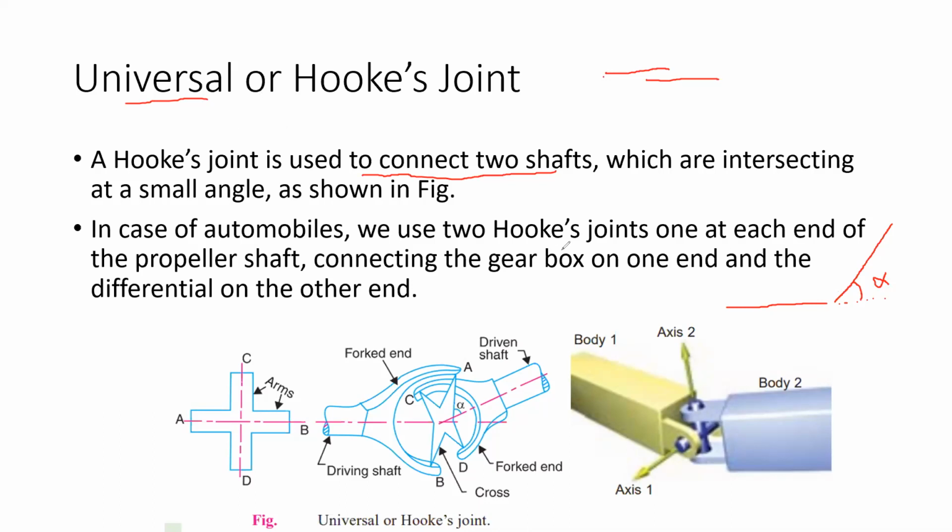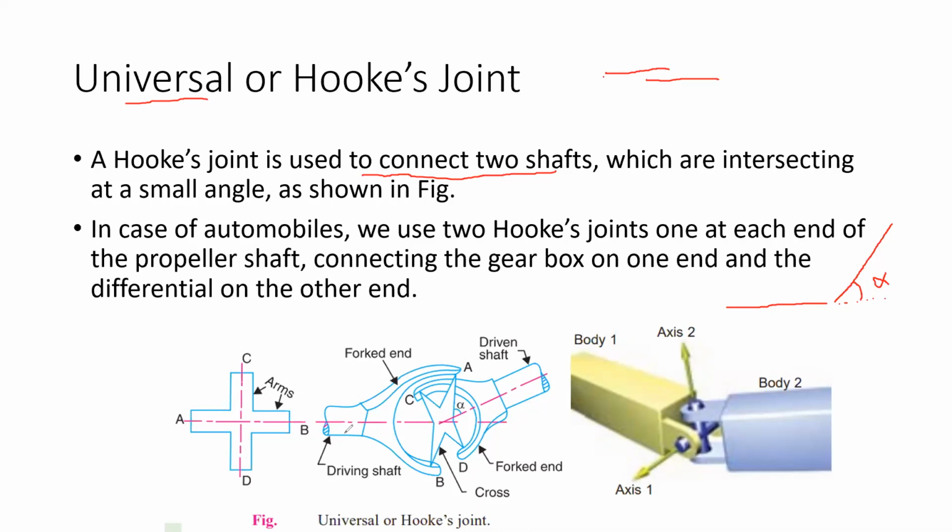So what is the construction of it? This Hooke's joint consists of one cross, which has two arms. One is the horizontal arm AB, and the second is the vertical arm CD. Each arm fits into the fork of each shaft.